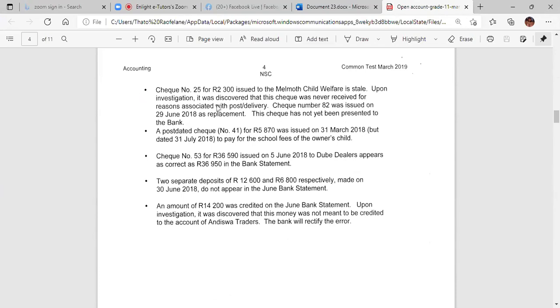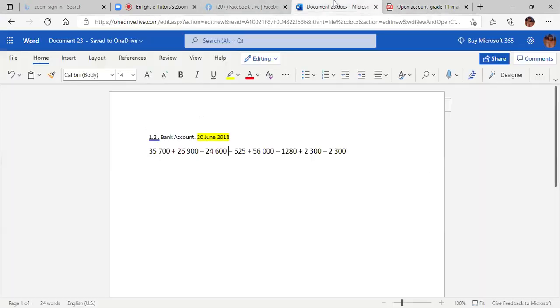But just to explain this one, I said a stale check is a check that was issued 6 months ago. In simple terms, it has expired. In accounting, they'll never say a check expired. What expires is food. It's stale. And when a check is stale, we cancel the funds. So in this case, we added 2.3, because when we write a check, it means money goes out of the business.